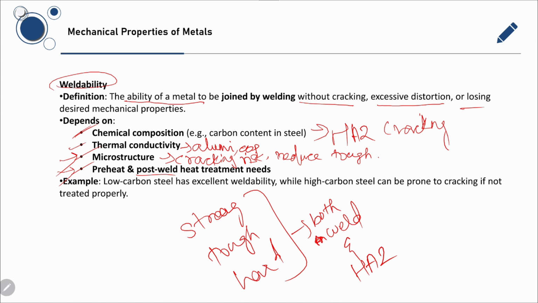The next one is preheat and post-weld heat treatment. Preheat lowers the cooling rate and helps drive out hydrogen, reducing cold cracking. The next one is post-weld heat treatment.